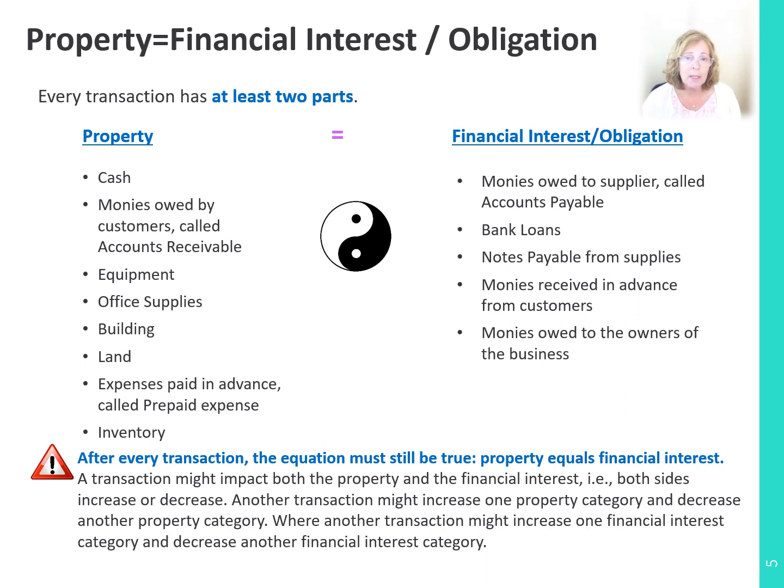Another transaction might increase one property category and decrease another property category. Or yet another transaction might increase one financial interest category and decrease another financial interest category. But after every transaction, though, the equation must still be true. Property equals financial interest.